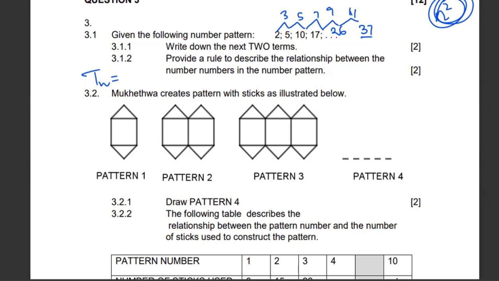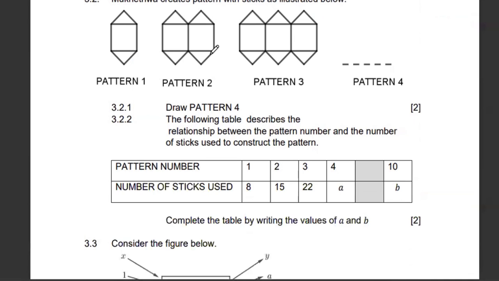So if I have my n squared here, what do I add to have a 2, 5, 10, and so on? So if I add 1, will it make sense? 1 squared is 1 plus 1 is 2. 2 squared is 4 plus 1 is 5. 3 squared is 9 plus 1 is 10. So perfect. So that is the rule.